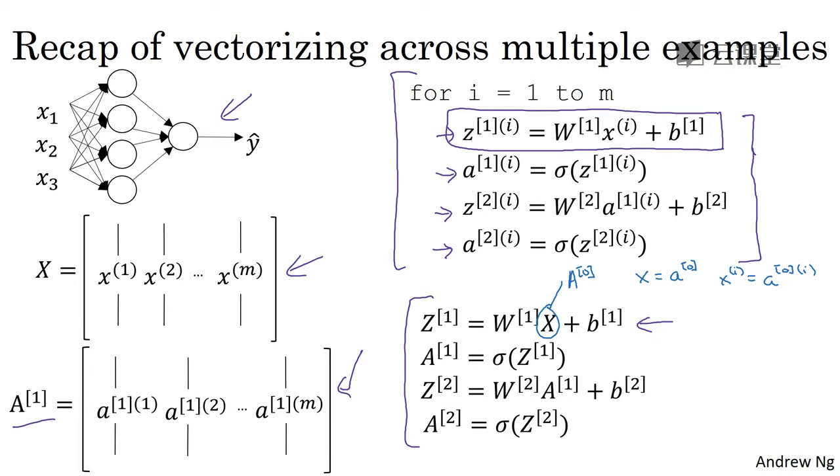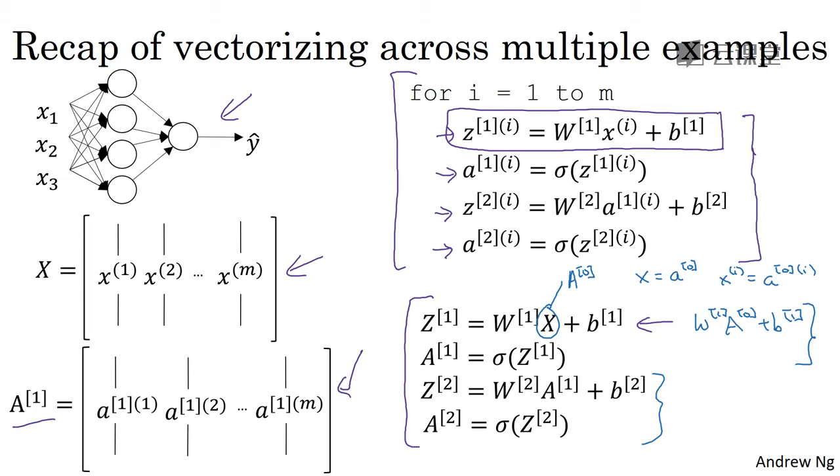Then there's actually a certain symmetry to these equations, where this first equation can also be written z1 equals w1 a0 plus b1. And so you see that this pair of equations and this pair of equations actually look very similar, but just with all of the indices advanced by 1. So this kind of shows that the different layers of a neural network are roughly doing the same thing, or just doing the same computation over and over.